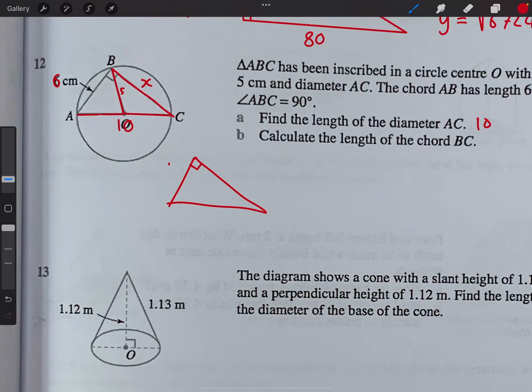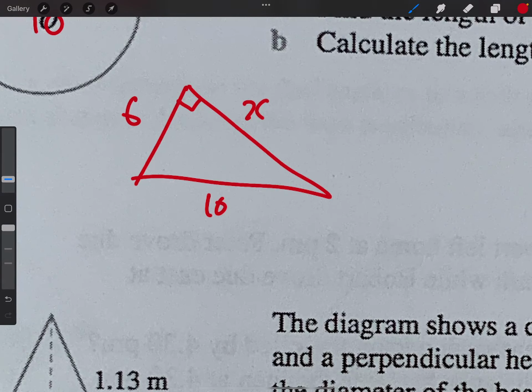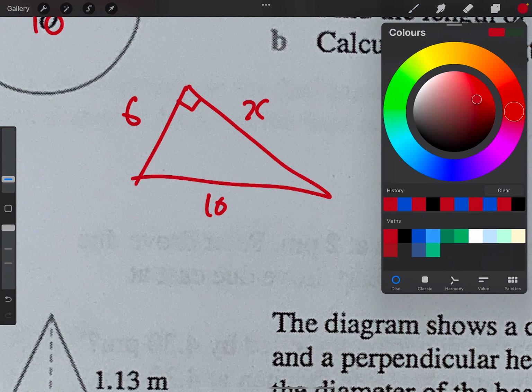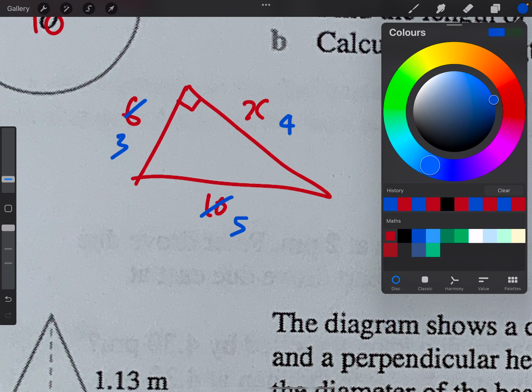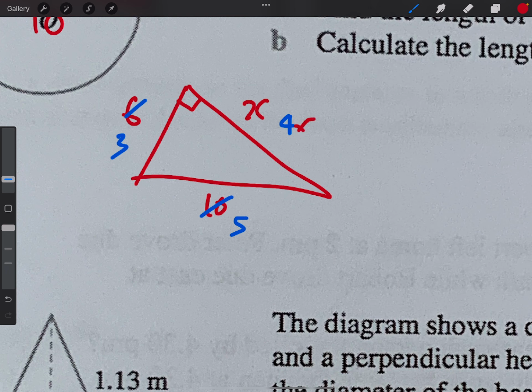Something like this. 6, x, and 10. Oh, okay, I see. If I divide, I don't even have to work it out actually. If I divide this by 2, I get 3. Divide this by 2, I get 5. So this must be a 4. But it's not actually a 4. It's actually 4 times 2, which is 8, because this is 5 times 2.